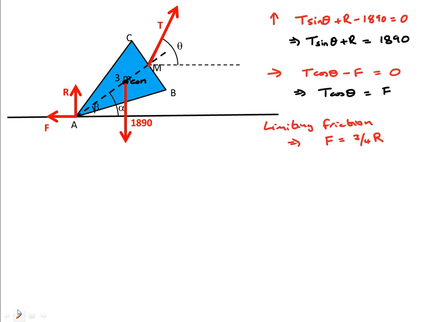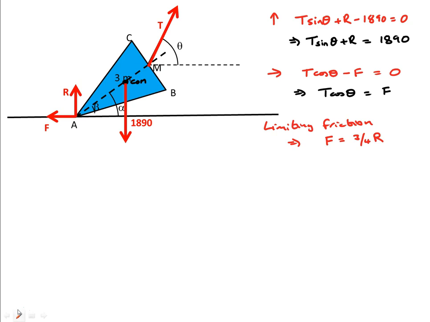We've now got 3 equations, but we've got 4 unknowns. We've got T, R, F, and theta. If we're going to make any progress, we need another equation, and that's going to have to come from taking moments.